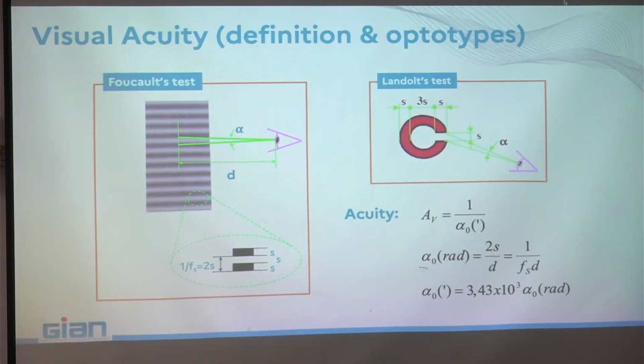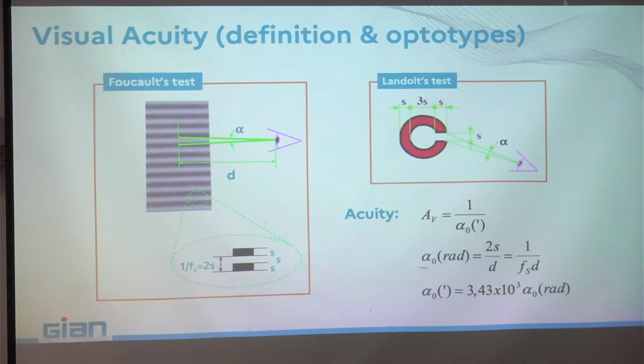In fact, the real way to do it is to use either the Foucault test, which is clear and dark stripes, or the Landolt test, which is circles open like a C, but you can orient them in different ways. And why orient them in different ways?